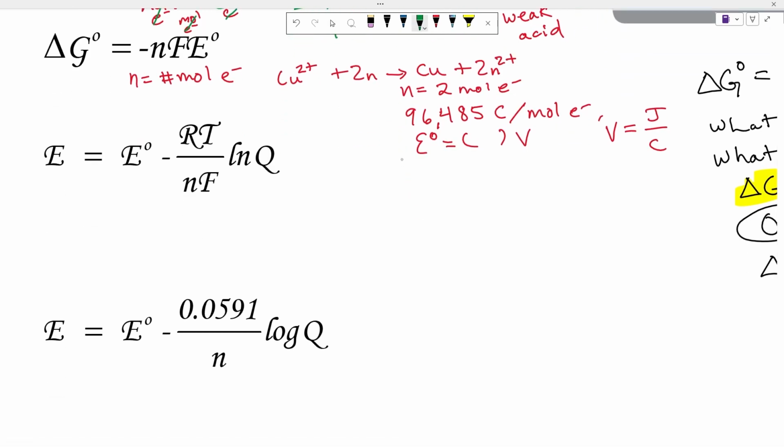All right, on to the next one. This is the beloved Nernst equation, which allows us to calculate the cell potential given the standard cell potential and these other variables. So R is our 8.314 joules per Kelvin mole.